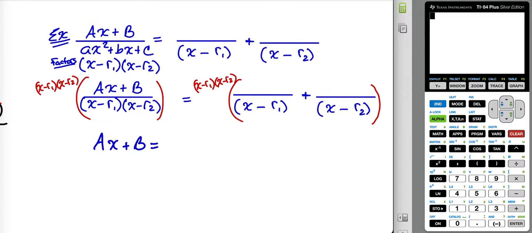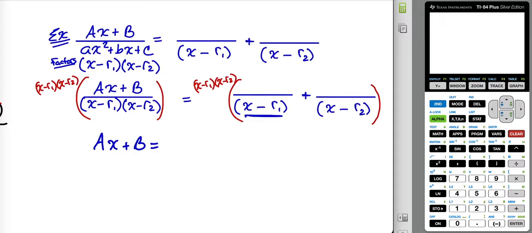On the right-hand side, I'd have a cancellation of the x minus r1. And that would leave me with, if this were just a 1, the x minus r2. If this were just a 1, when I multiply through with the product of factors, I would be left with just an x minus r1. All right, but we can't make that assumption.